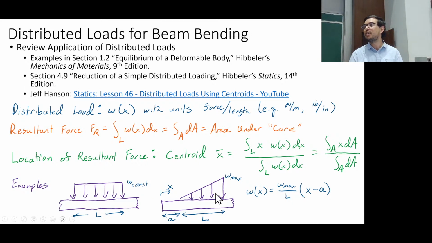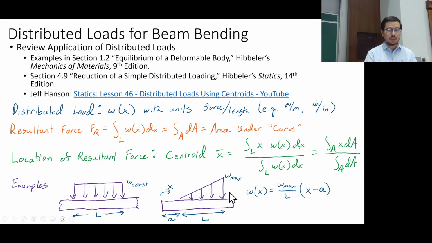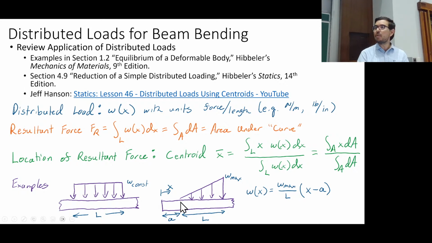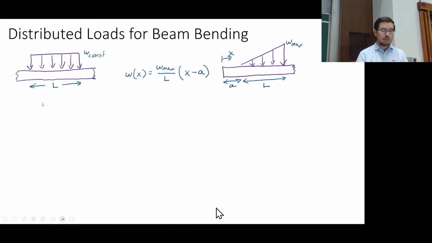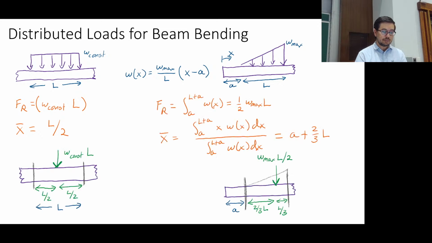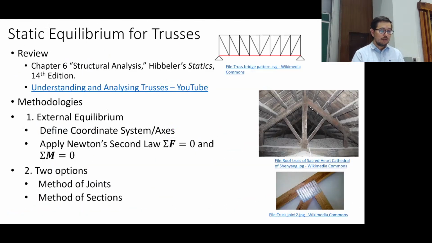Yes, the centroid. It's the centroid, and it's 2/3 away from the zero end, or 1/3 away from the big end. And the effective force is going to be 1/2, since it's a triangle, so it's 1/2 times W max times the length of that load. So that stuff you want to probably review too. Okay, all right. Trusses. I've got 10 minutes.